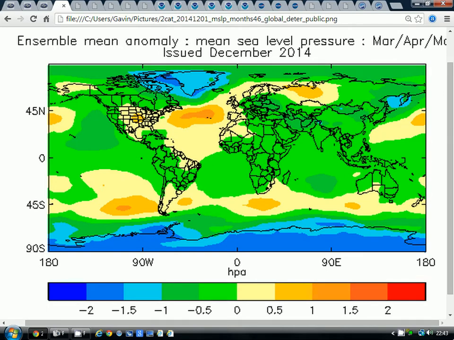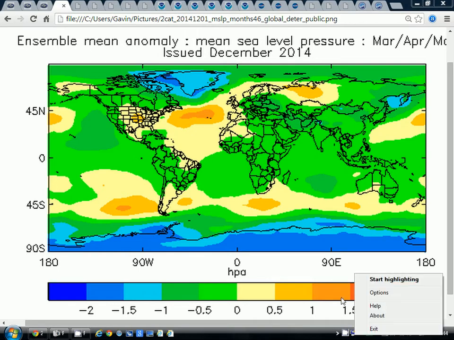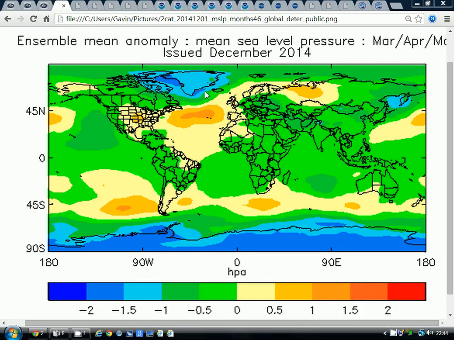So the UK Met Office model next, and we're seeing a little bit of a different pattern here for the spring. Actually, it has a ridge of high pressure down to the southwest rather than the low pressure the Brazilian model is seeing. It's placing a trough somewhere across central parts of Europe, interestingly. This is the mean sea level pressure anomaly.